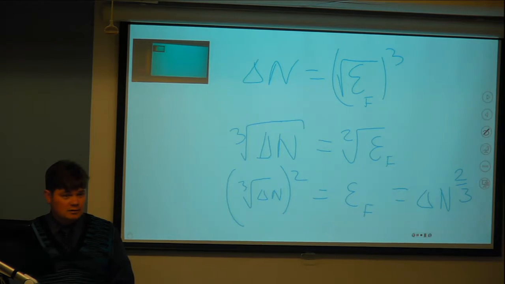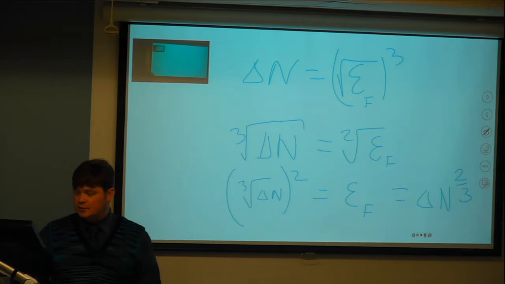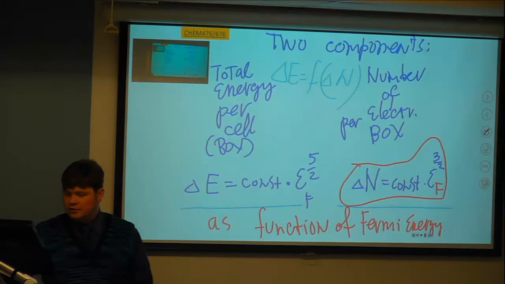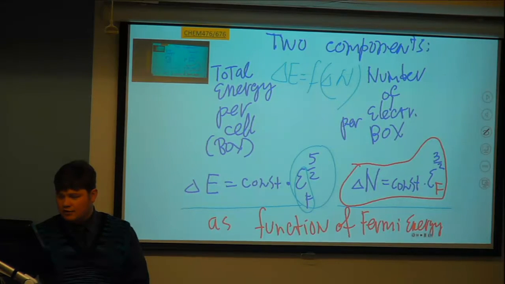Right? Did you get it? Yeah. Okay. And the next step is to plug this one into here. Right? So Fermi energy is number of electrons to the 2/3.